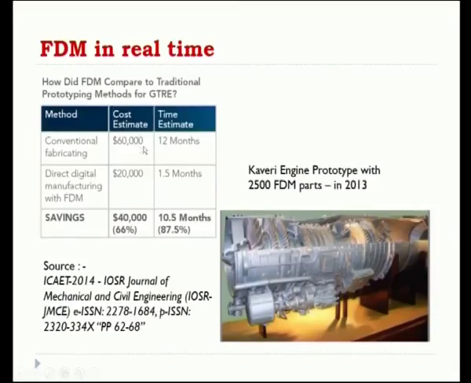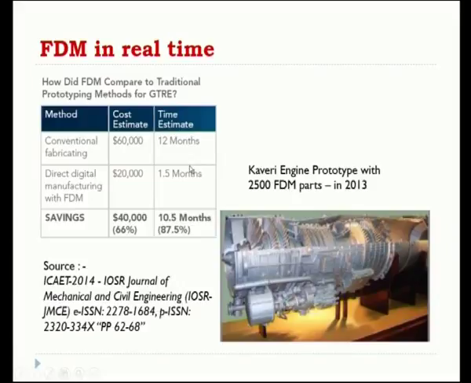Mostly, if the component is complex, they need to go for a proto development, or a scale model we call it, that we need to develop. That is mostly what we are forced to do. So think about the conventional fabrication cost for developing a normal proto like this. What is the cost? $60,000. And what is the time period? 12 months.